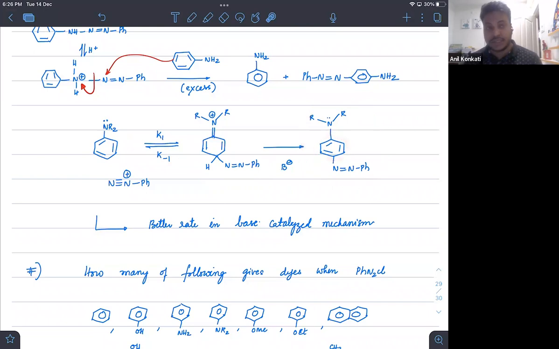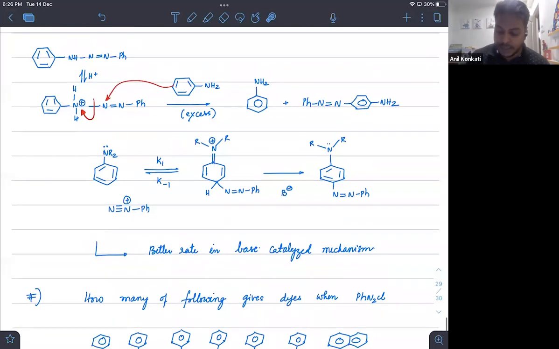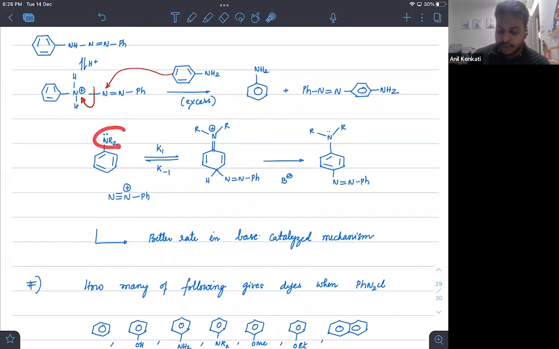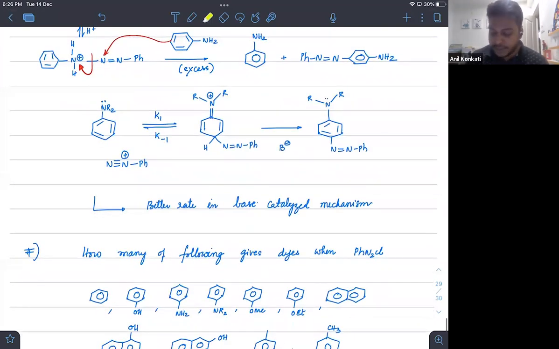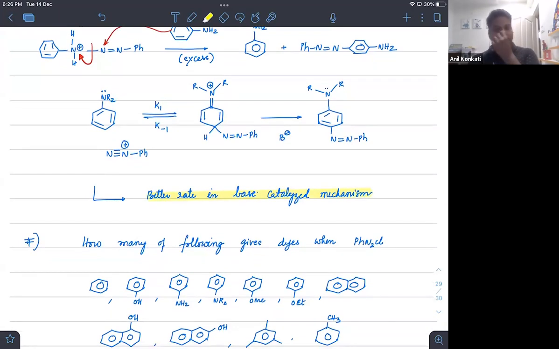So for this, the reaction has to be more base catalyzed rather than acid catalyzed. So if the question is given with dialkyl aniline, and asks which is the better medium, in that case basic medium is better. Clear, everybody?